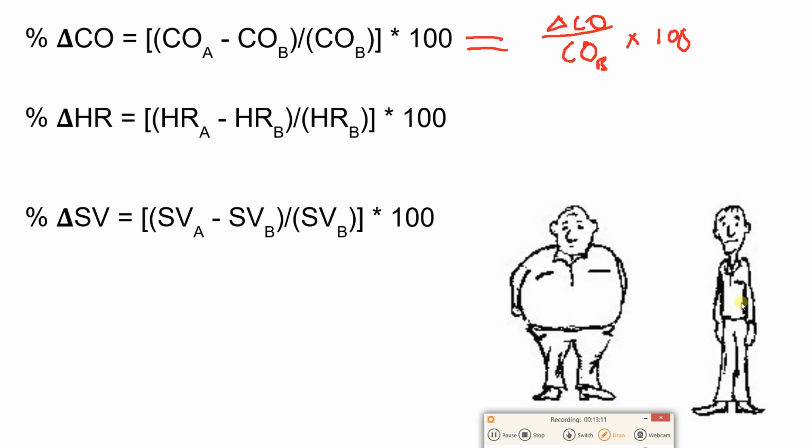If he lost 30 pounds, well, 30 divided by 120 times 100 is 25%. That's a lot of his weight. If this guy lost 30 pounds at 240, he lost 12.5% of his weight. So even though they lost the same poundage, this guy lost a greater percentage. And that's what we're figuring out here. Similarly, we just take that change in heart rate over that heart rate before exercise and multiply by 100.